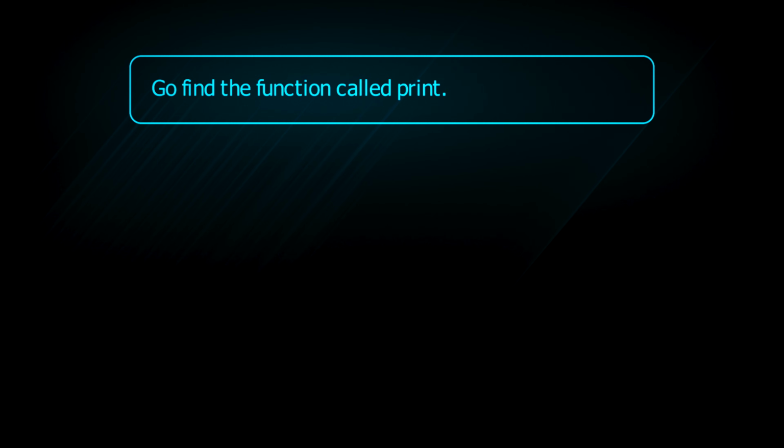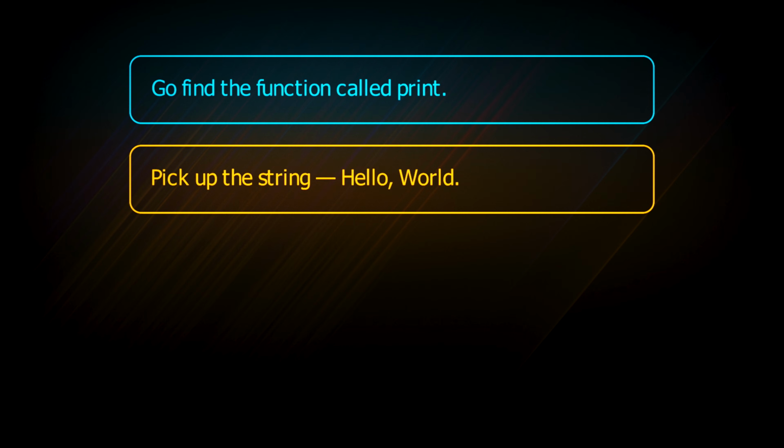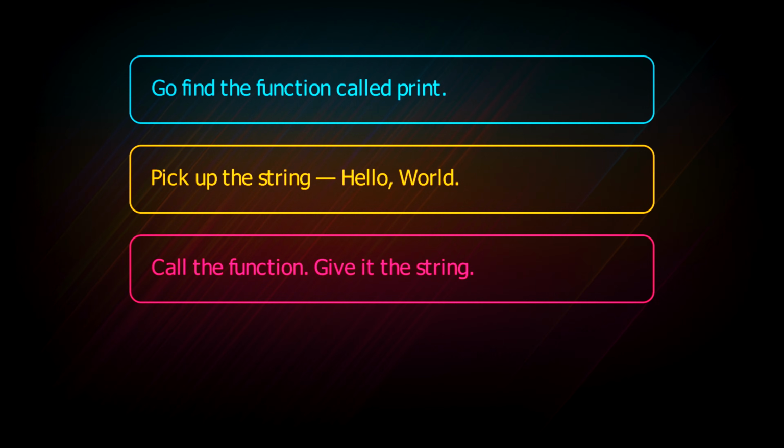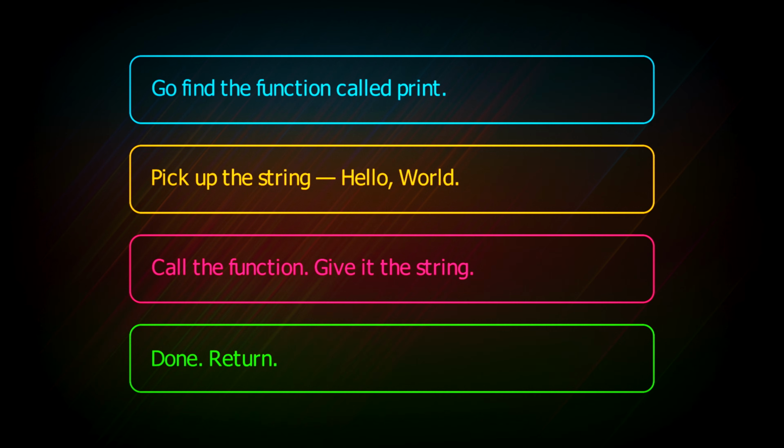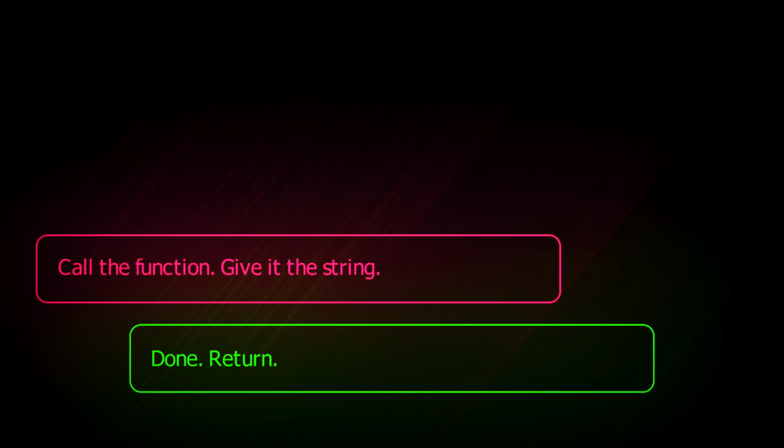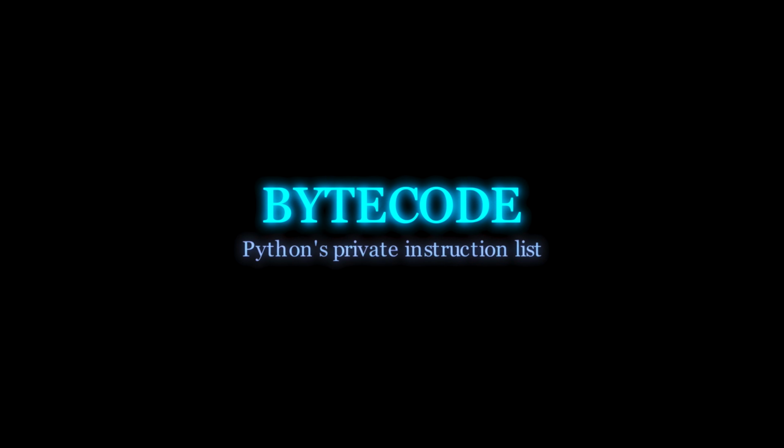Things like, go find the function called print. Pick up the string, hello world. Call the function, give it the string. Done. Return. Your one line of code just became 4 instructions. That list, that's called bytecode. Python always writes this before it runs anything. It happens so fast you never see it, but it's always there.